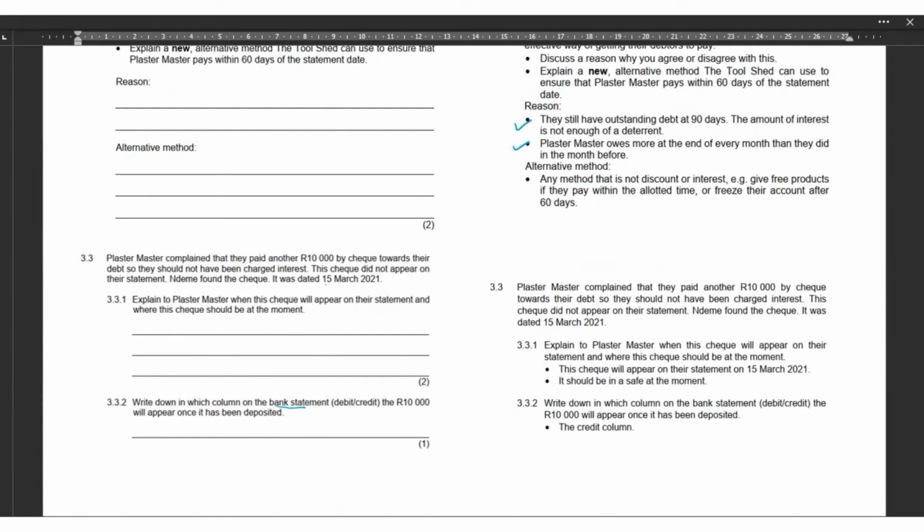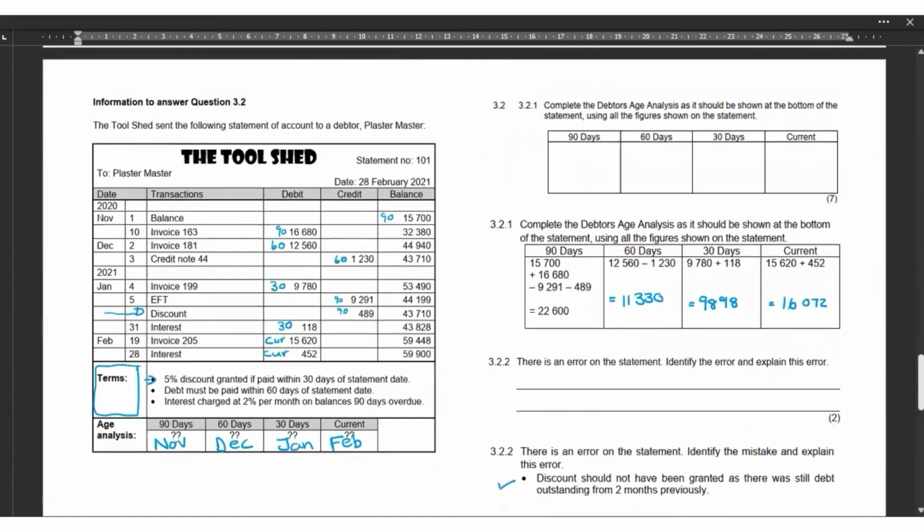So let's go and have a look. Keep in mind, 15 March, that's the date of the check. Let's have a look now. The date of our statement is the 28th of February. So it won't include anything from March. It's not going to include any of our transactions from March, none of the invoices, credit notes, discounts, nothing.